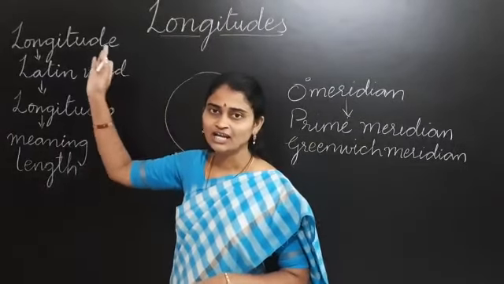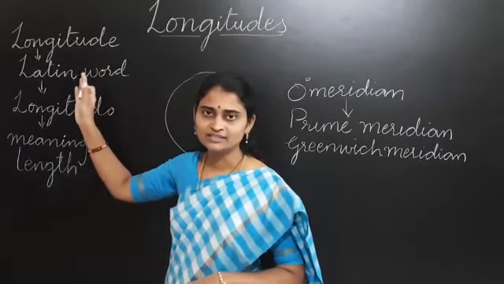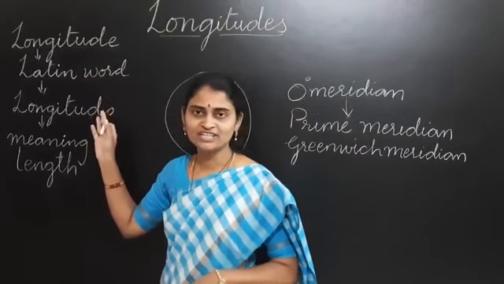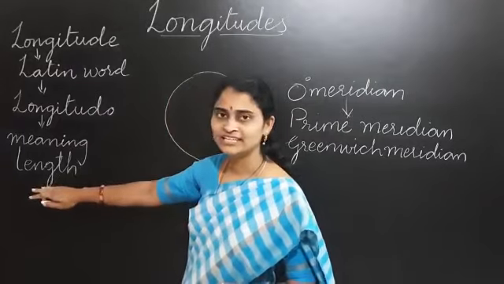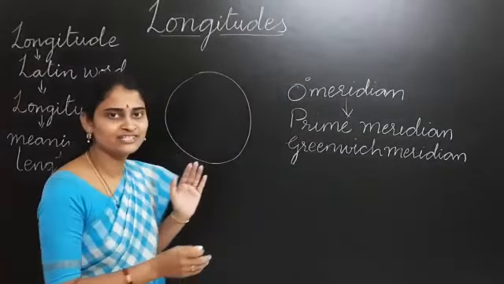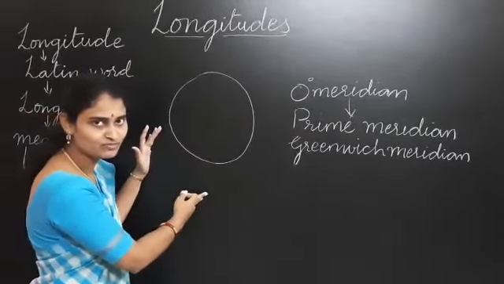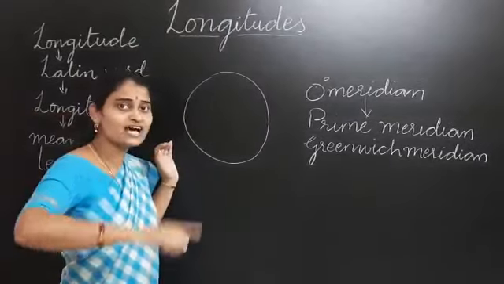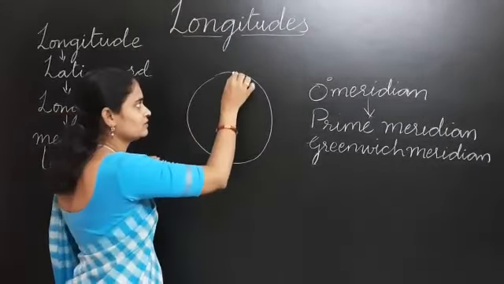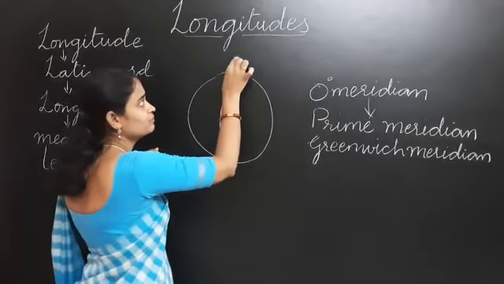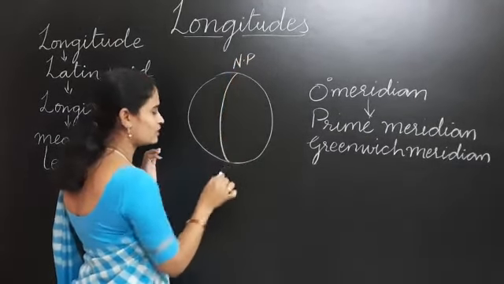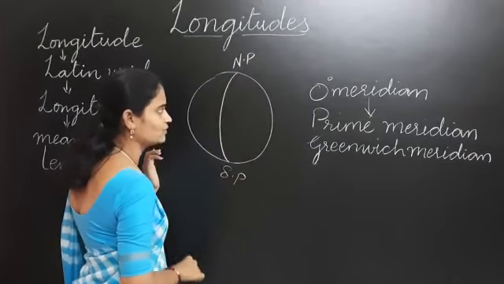Longitudes. The word longitude comes from the Latin word longitudo, meaning length. Imagine this is a globe. Longitudes are the semicircles drawn from pole to pole, from the North Pole to the South Pole.